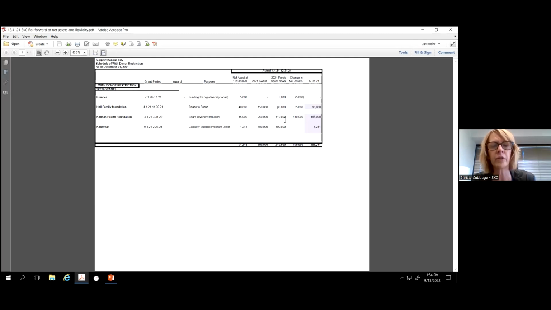So this is kind of a fluid report, but it gives you an idea that, wow, I've got $281,000 worth of funders' money that I haven't spent yet. Or maybe Kansas Health Foundation still owes us $100,000. So of that 281, that's not all cash.